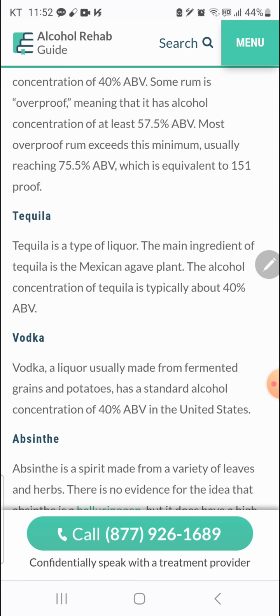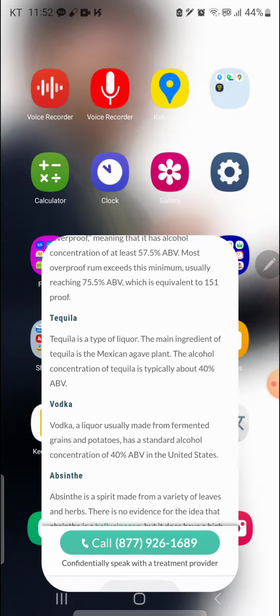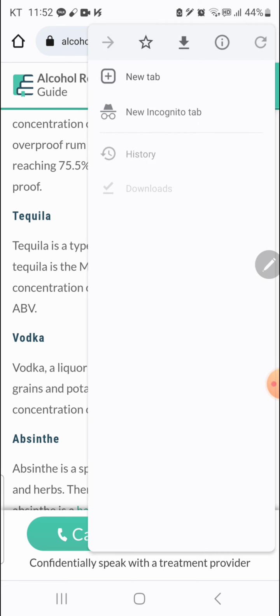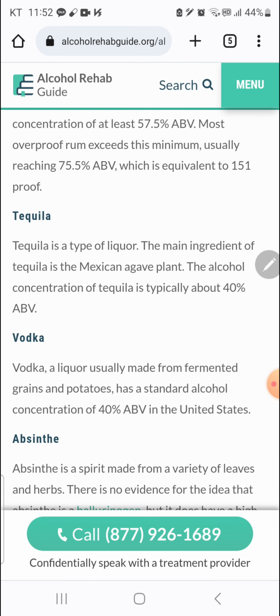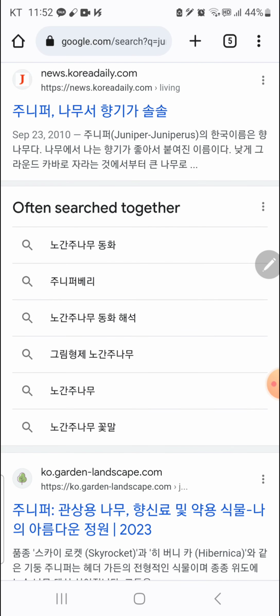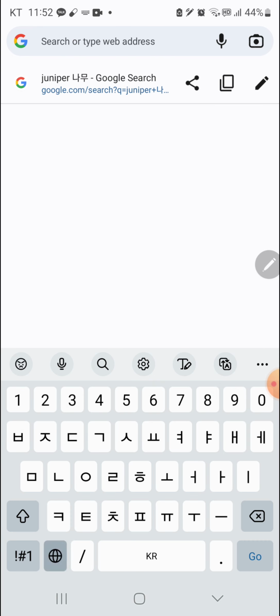Tequila is a type of liquor. The main ingredient of tequila is the Mexican agave plant, otherwise cactus. The alcohol concentration of tequila is typically about 40% ABV. So let's find out what the agave tree looks like. Juniper was a 측백나무.